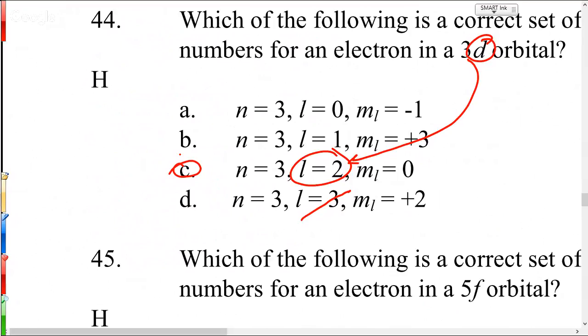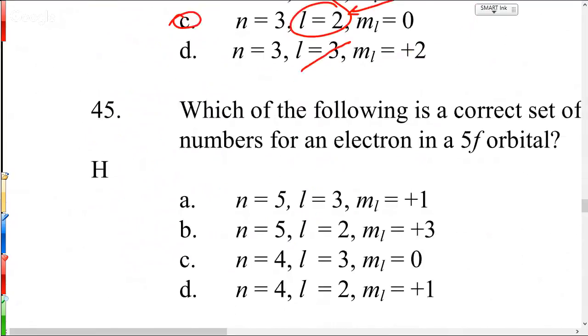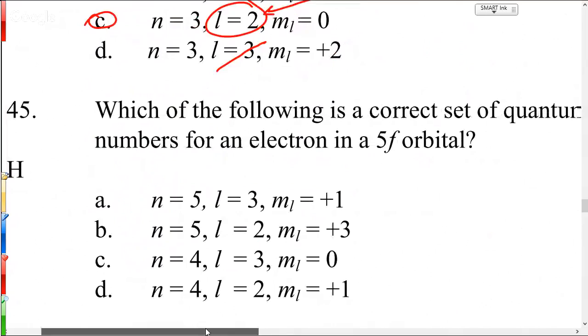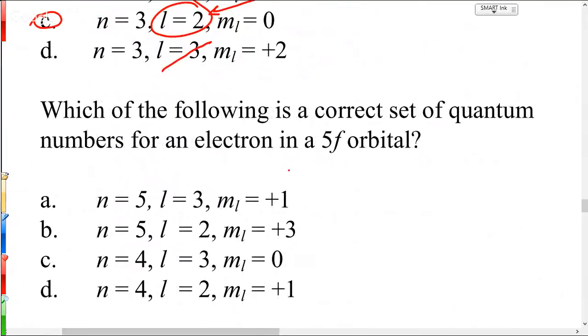Let's try another one. Which is a correct set of quantum numbers for an electron in a 5f orbital?